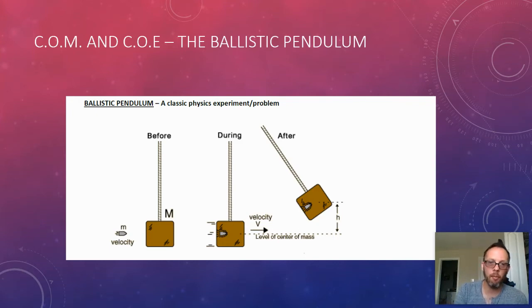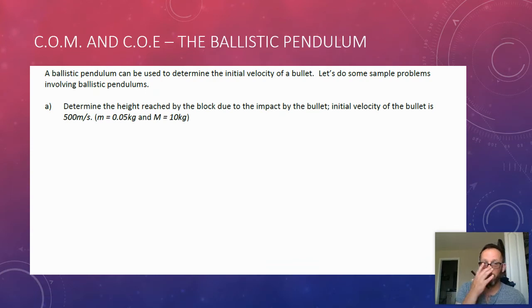So having set up the problem, let's do it. So we have a bullet impacting this big wooden block, and it hits at 500 meters per second. And we're going to say the bullet has a mass of 50 grams, and the big block has a mass of 10 kilograms.